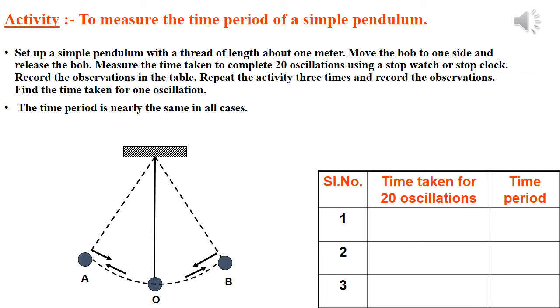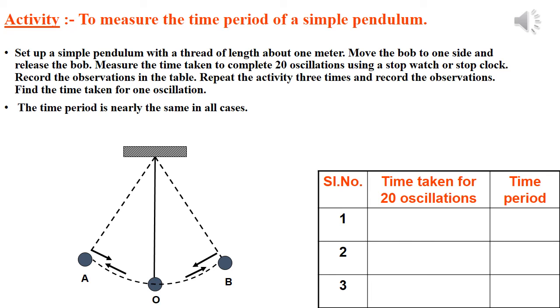Okay, so what we conclude here is that the time period of a pendulum does not depend upon the displacement of the pendulum from its mean position and the mass of the bob, but the time period of a pendulum depends upon the length of the simple pendulum.